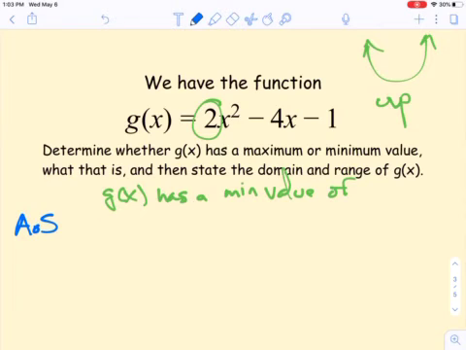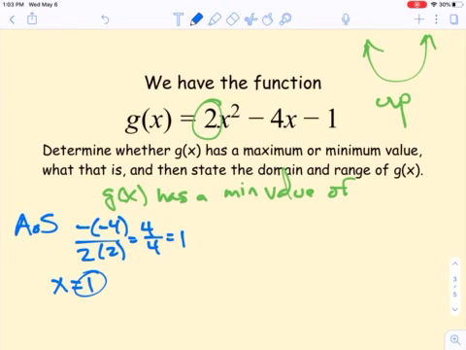All right, so that is going to be negative b, so negative 4 over 2a, 2 times 2. Well, negative makes positive 4 over 4. So my axis of symmetry is the line x equals 1. And then I'm just going to take that 1 value and put it in there to see what my minimum value is going to be. So we're going to figure out what g of 1 is.